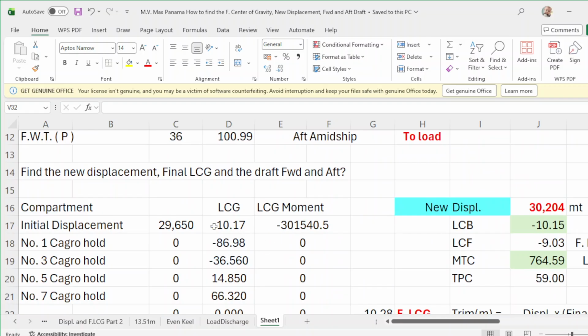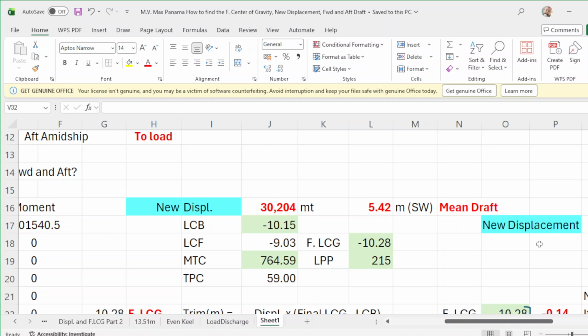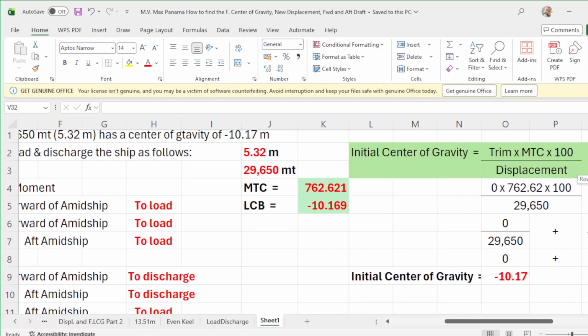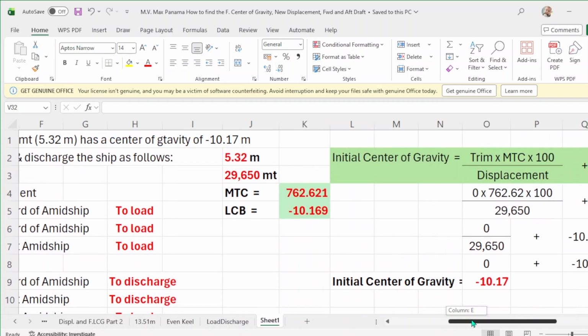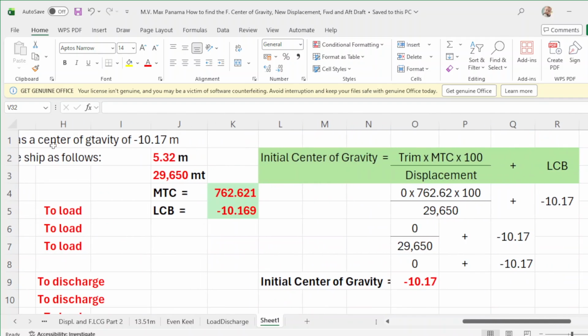Then how did I get this LCG of 29,650? Okay, to get the LCG, this is the formula. Your draft is 5 meters 32 centimeters, and the displacement is 29,650. With this draft, you take out the MTC and the LCB.